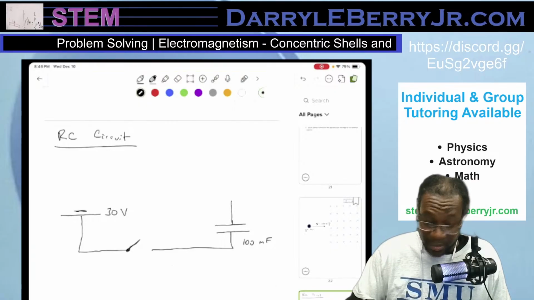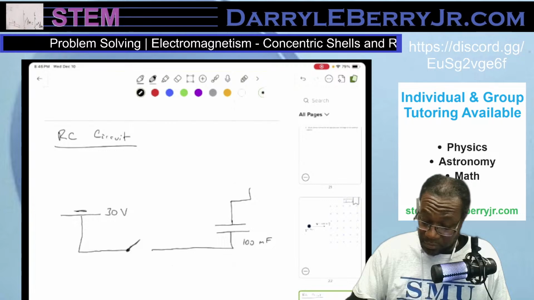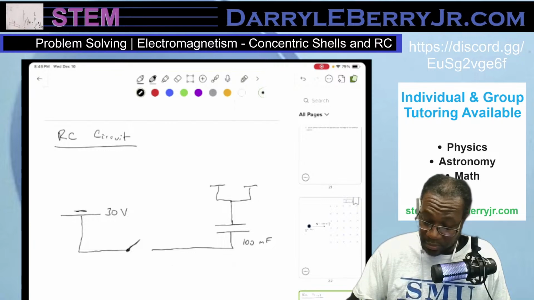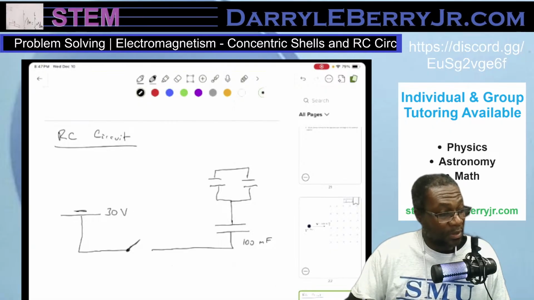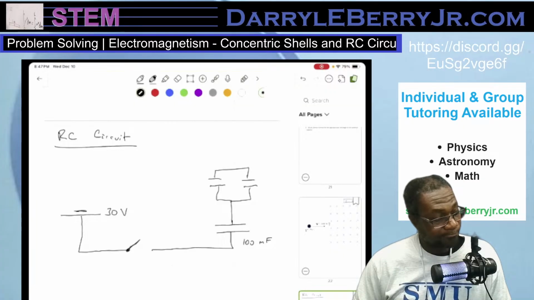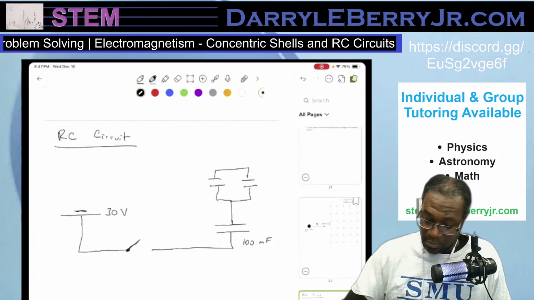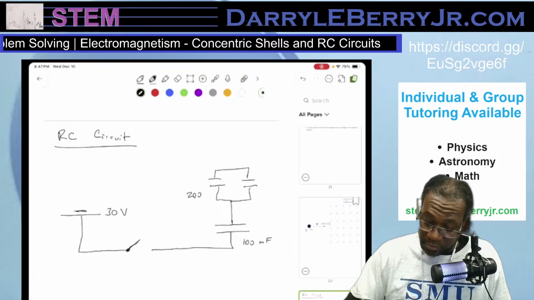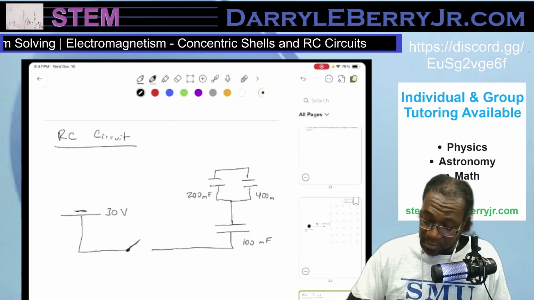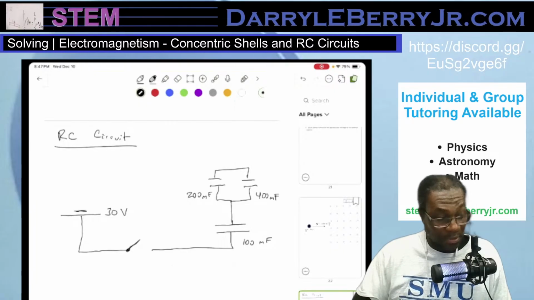Let's say that we have two capacitors here. Let us say that this one, 200 microfarads and 400 microfarads.